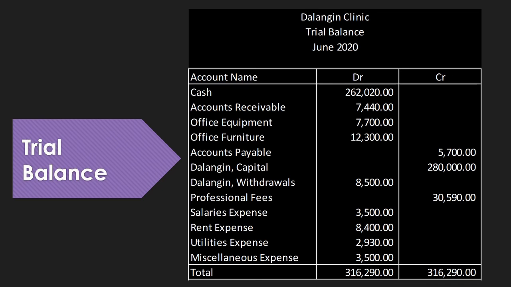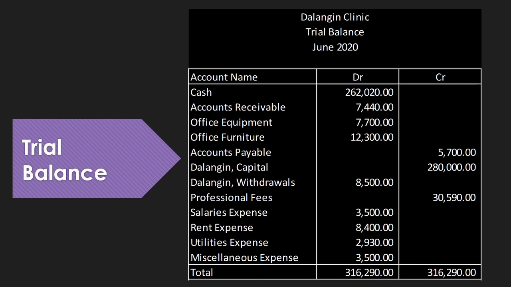Okay? Ipopost mo lang kung ano yung balance. So, ang cash, meron siyang debit balance, ilagay mo siya sa debit column. Yung AR, may debit balance, so ilalagay mo siya sa debit. Kung ano yung balances, ilagay mo lang siya sa debit side or credit side. Then, you foot. Ito-total mo siya, or you foot the totals. Itong tawag dito is footing.